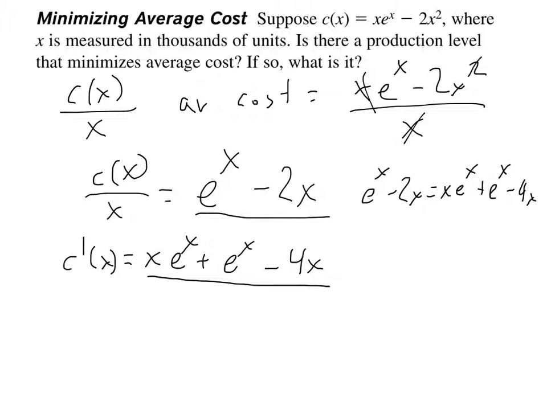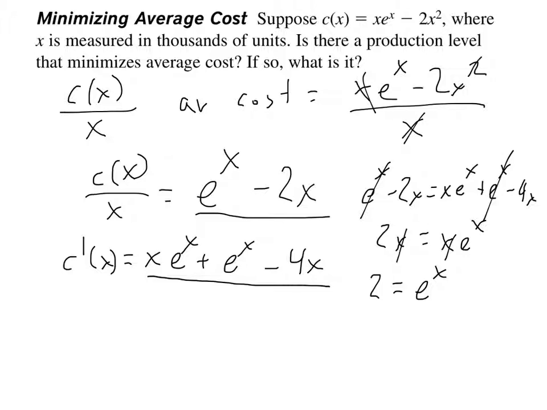Okay, well I know I have an e to the x over here and an e to the x over there, so I can cancel those two. I can move over that negative 4 to make it 2x equals x e to the x. I can divide both sides by x so that I get 2 equals e to the x.